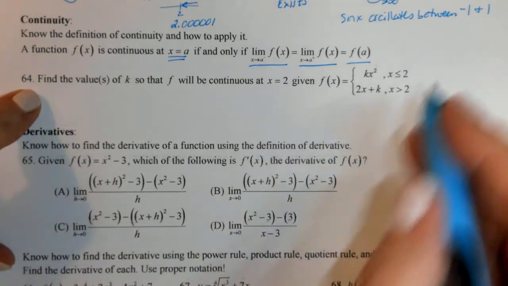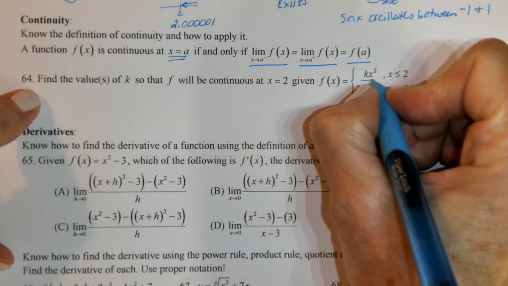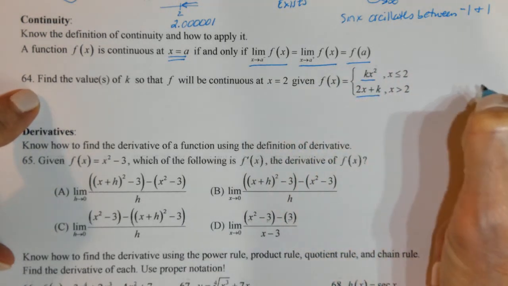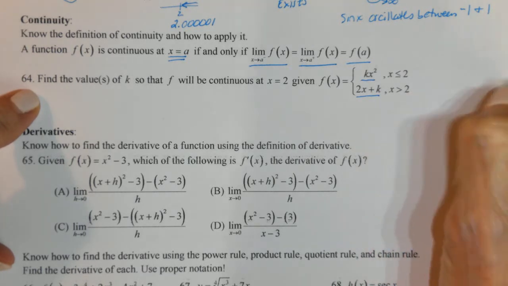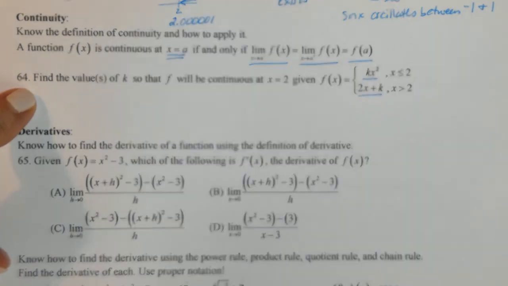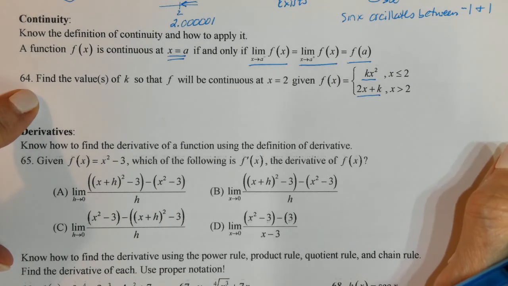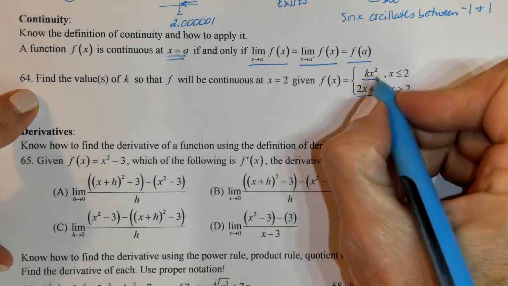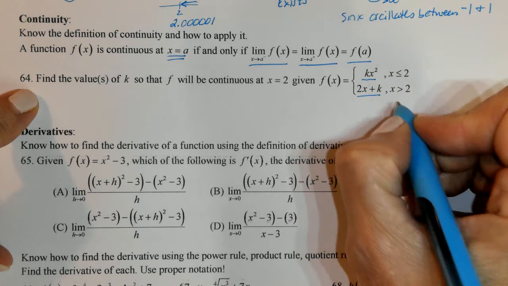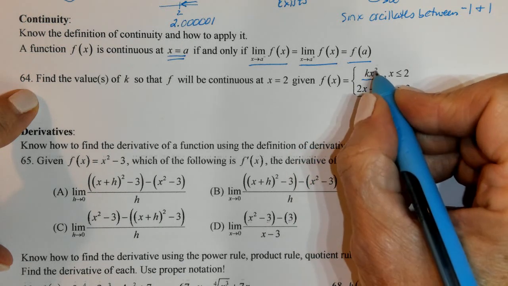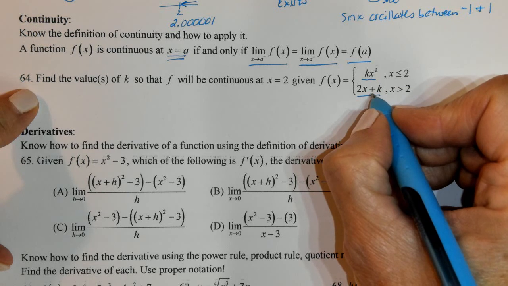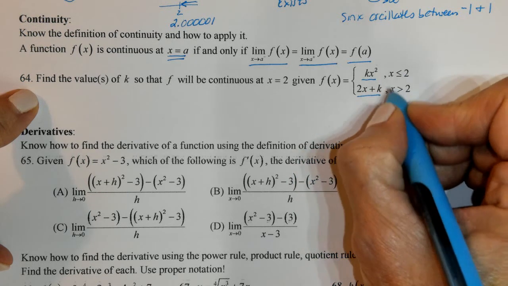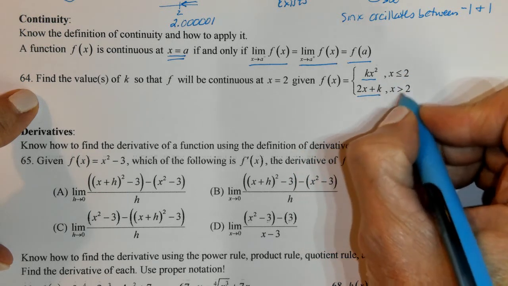Well, I see that each of these is continuous if we consider them individually, not in a piecewise function. This is a parabola, this is a line. So parabolas and lines are always continuous. So the only questionable spot is when x is 2, where they change.